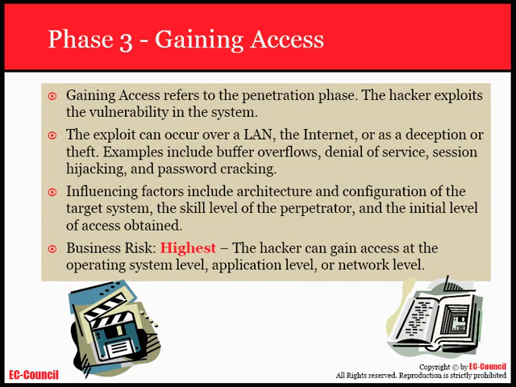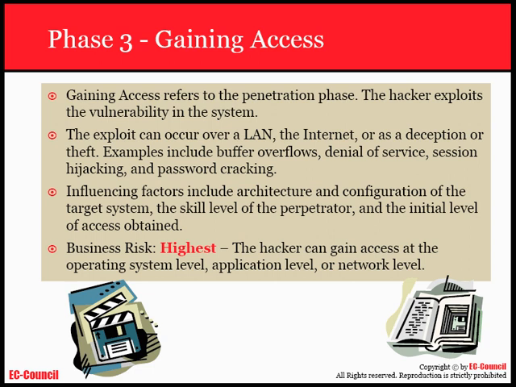Once he's figured out where he wants to gain his access, he's going to go ahead and gain access. In other words, he's going to actually penetrate the network itself. Usually he's going to use some well-known exploit, and this exploit can be over a LAN, it could be over the internet, it can maybe even be physical. Maybe he gains access to the building itself, and then from there he can access the systems.